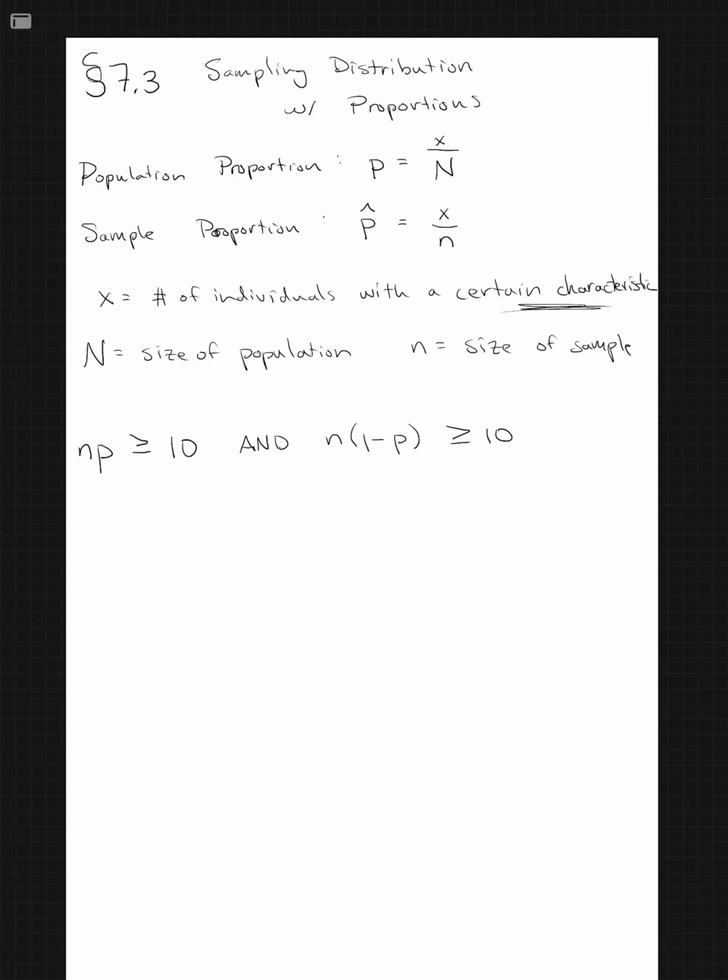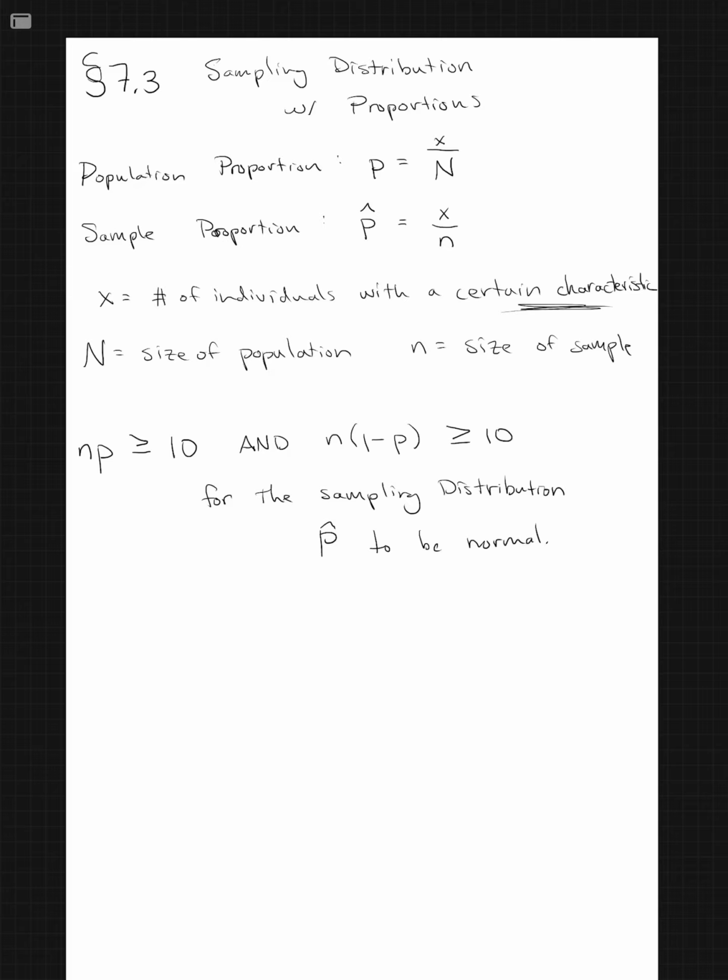Right? So in order for the sampling distribution to be normal, we need both of these to be true. And we really do need it to be normal to answer the probability questions that we have, at least in this class.